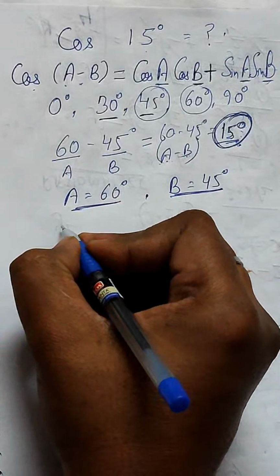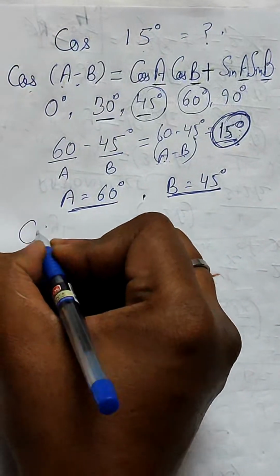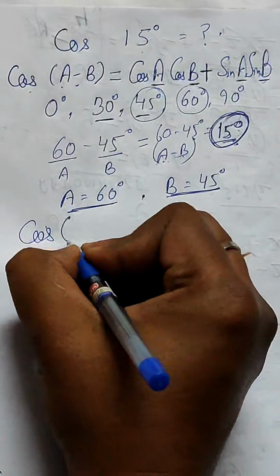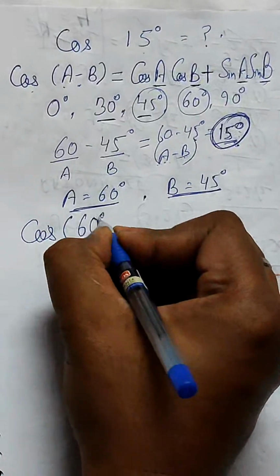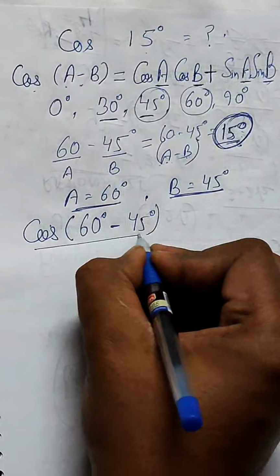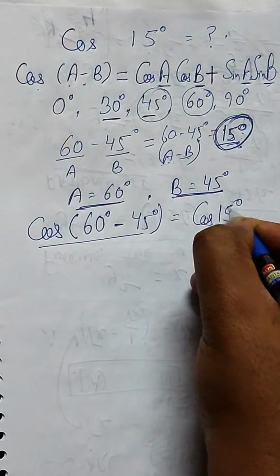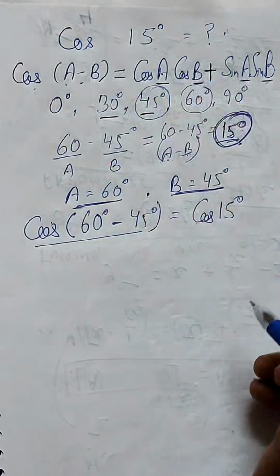So, putting into the formula directly, cos of A minus B, that means cos of 60 minus 45, is equal to cos of 15 degree, that we need to calculate.